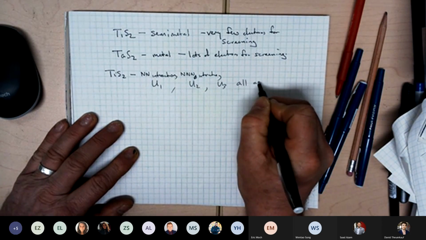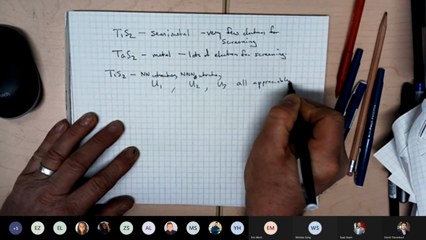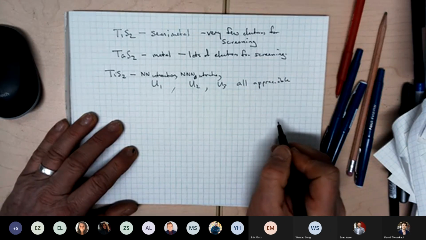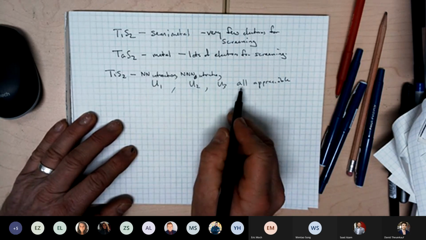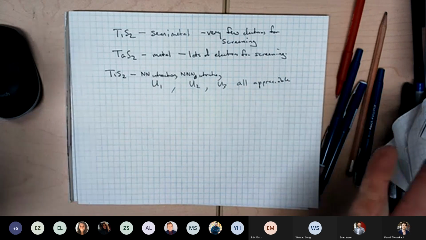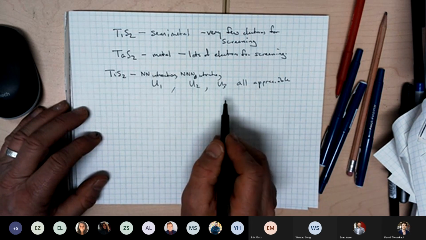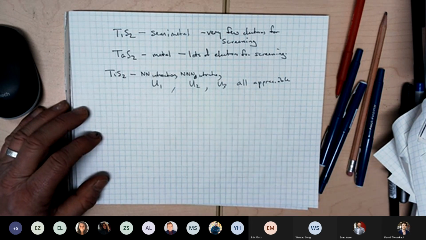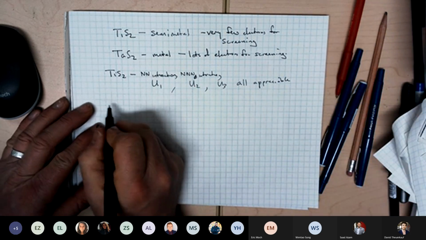They're all appreciable. And what that means is it's a very long-range interaction, so it's almost like mean field theory. There's going to be no reason for ordering to take place. I think I'll draw a sketch in a minute to sort of show how that works.